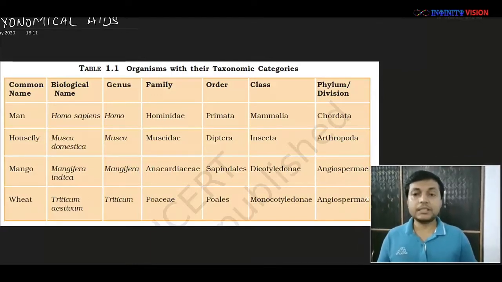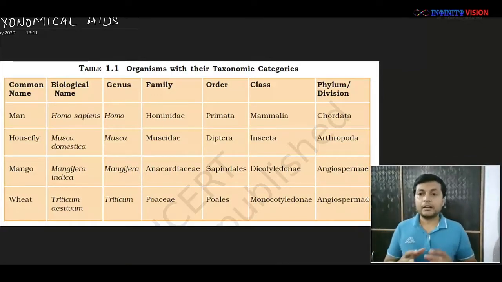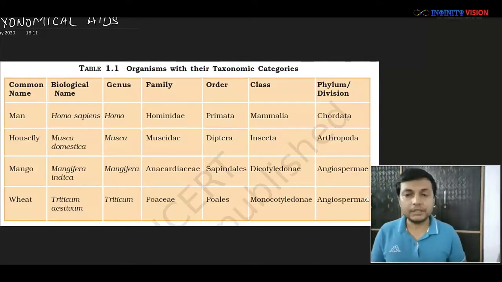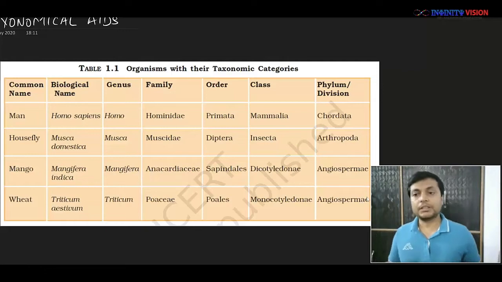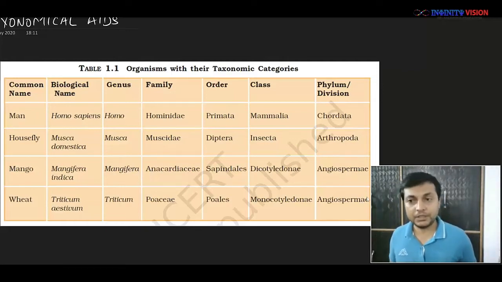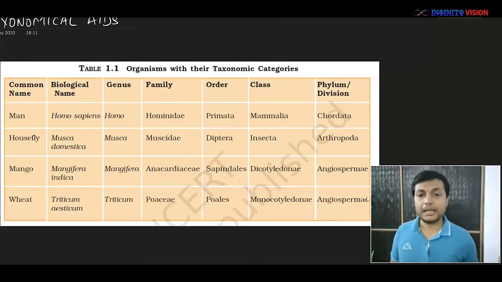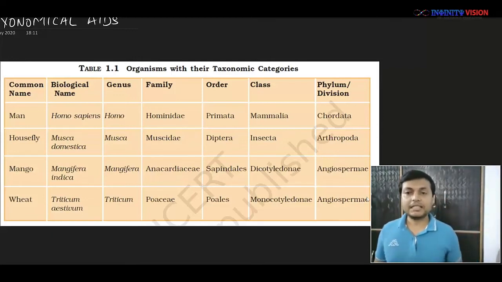This table gives you a glimpse of these 7 taxonomical categories with examples of 4 organisms, of which 2 are from the animal kingdom and 2 are from the plant kingdom. Let's have a look at it.